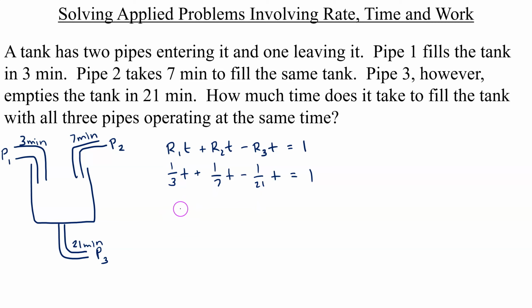So this fraction would change to 7 over 21. This fraction would change to 3 over 21. And then this fraction, of course, would stay the same. Oops, that's a t. That's a t, and they're added together. All right, so 7 plus 3 is 10, minus 1 is 9.